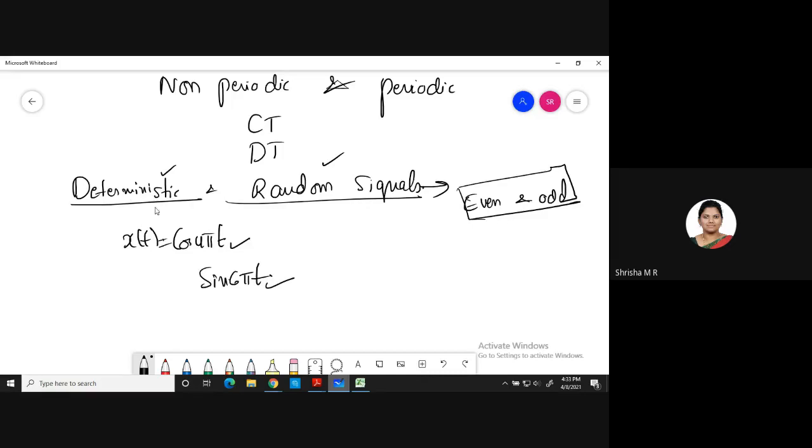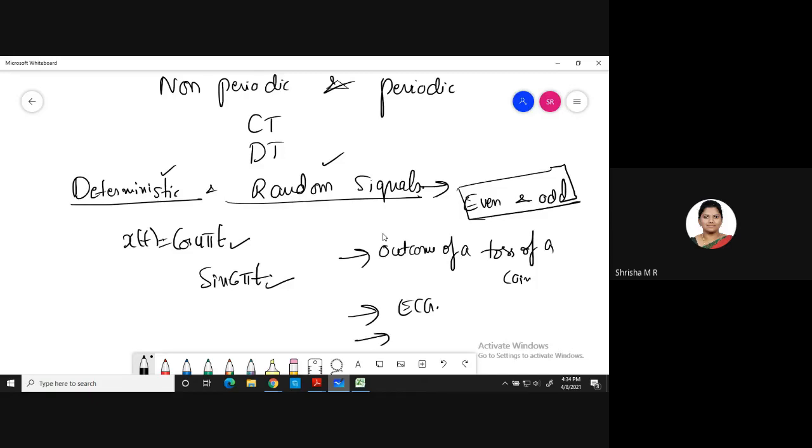Coming to random signals, these are unpredictable signals. For example, the outcome of a toss of a coin. You don't know, right? Your ECG signal, you cannot predict.